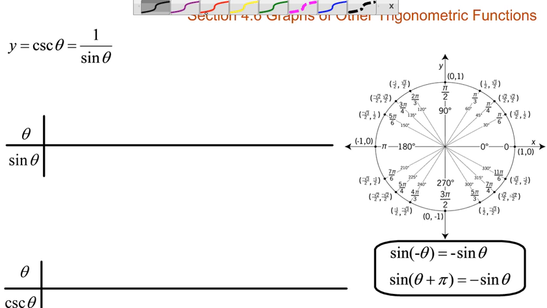All right, so let's go ahead and derive a number of points here, and then you'll see what's so important about all these points. Let's start with 0. If 0 is theta, sine of 0 is just 0. Then I'm going to go to the left, to negative pi over 6. The sine of negative pi over 6 is the same as the sine of pi over 6, but opposite.